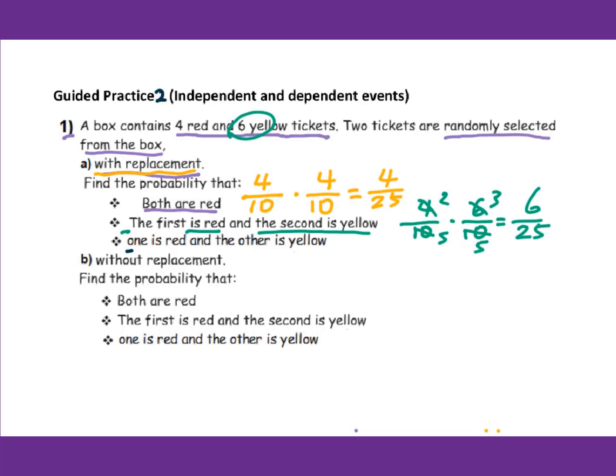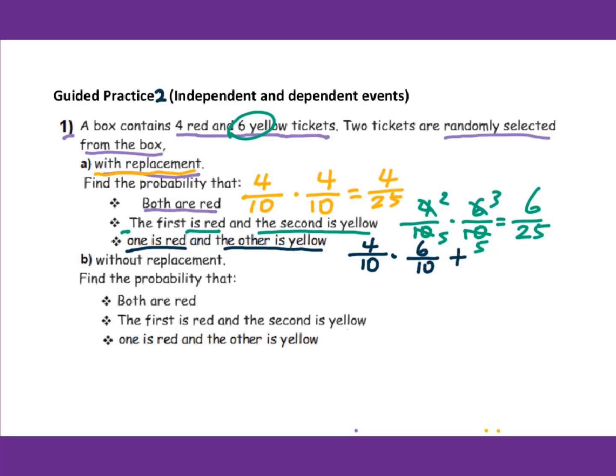Now let's go to this question. One is red and the other is yellow. They didn't tell you whether it is the first red or the second red. That's the reason you have to consider 2 situations. First of all, first is red: you have 4/10, then second must be yellow, 6/10.